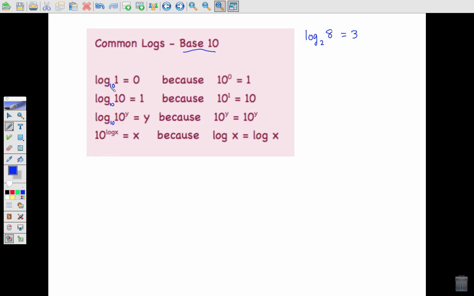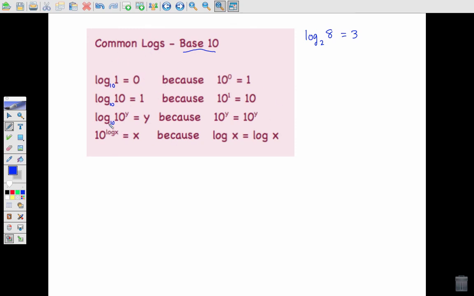You can fill in the 10 if that helps you, but log base anything of 1 is 0, right? It's the same reasons we just talked about in the last slide, because anything to the 0 power is 1. Log base 10 of 10 is 1, right? Because log base a of a is always 1. 10 to the 1 is 10.